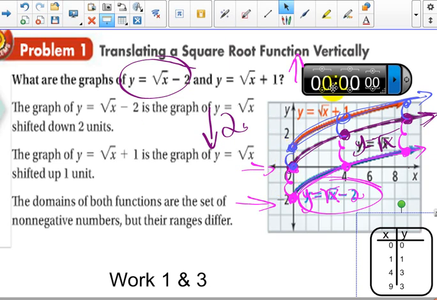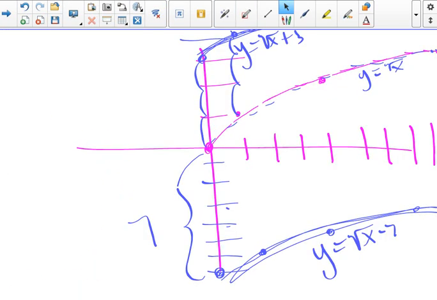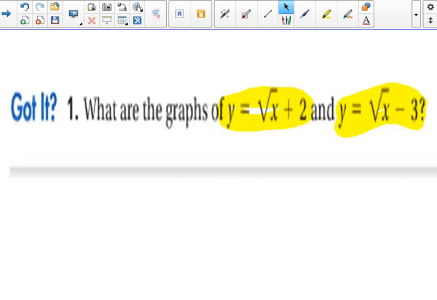All right, let's move on. So let's look at our next problem.